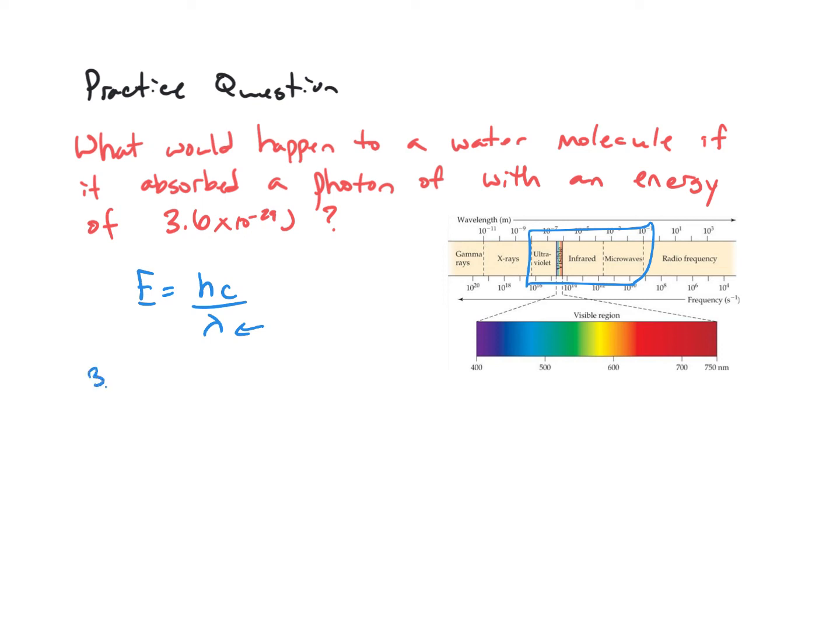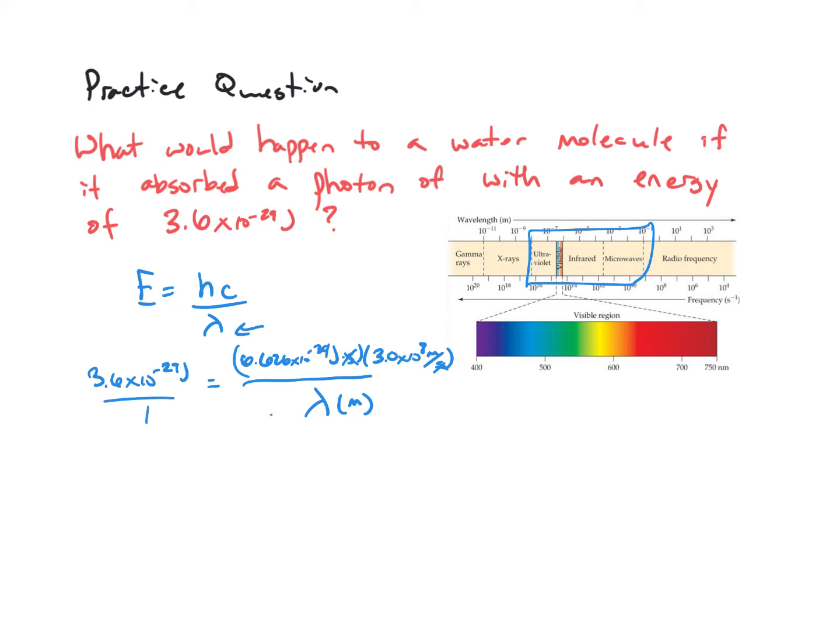I'll take 3.6 times 10 to the negative 29th joules and set that equal to Planck's constant, which is 6.626 times 10 to the negative 34th joule seconds, times the speed of light, which is 3 times 10 to the 8th meters per second. The seconds cancel each other out, divided by the wavelength, which is going to be in meters.